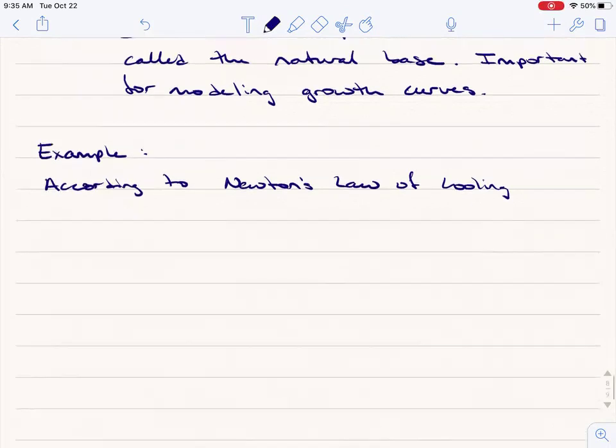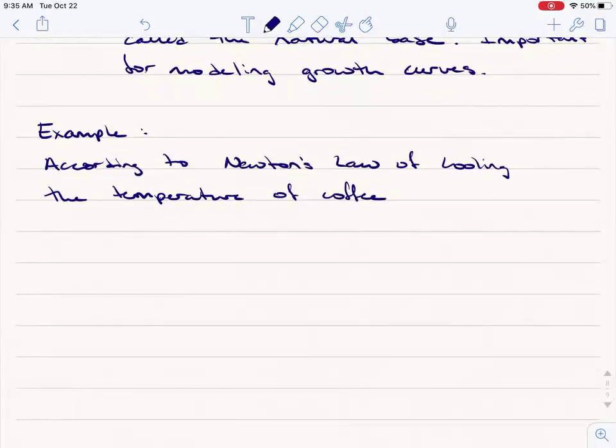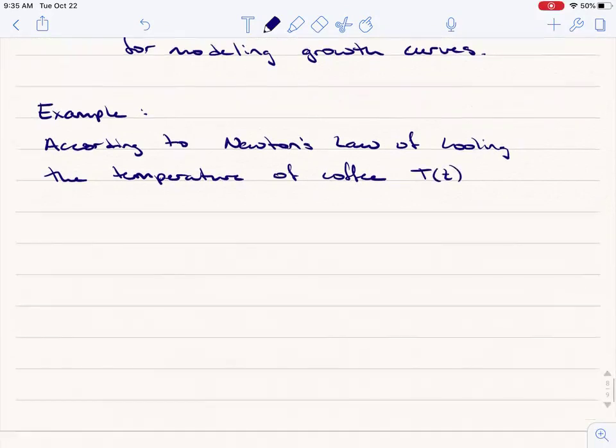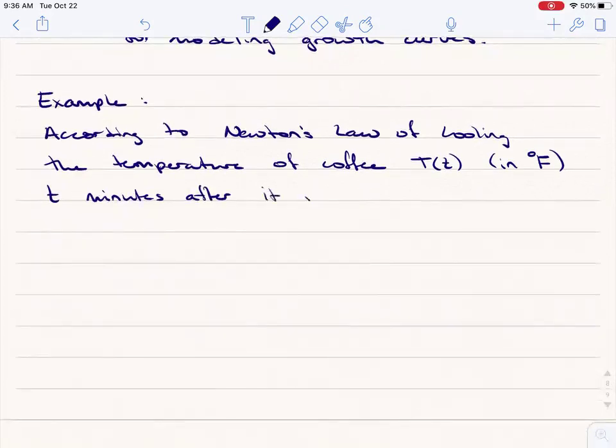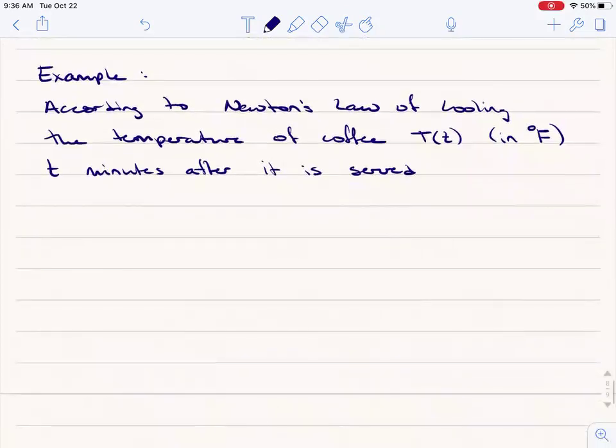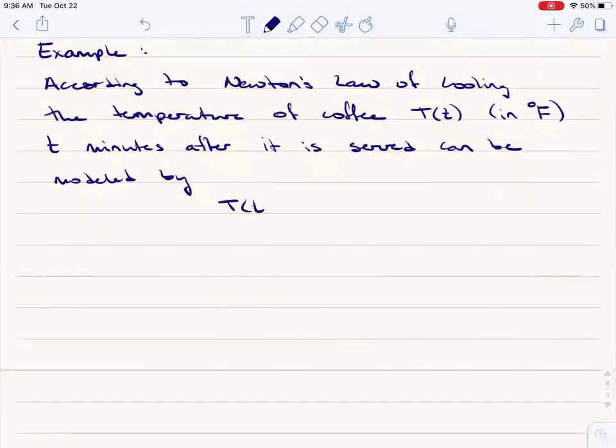The temperature of coffee, denoted by T of t, capital T of t, in degrees Fahrenheit, t minutes after it is served, can be modeled by T of t equals 70 plus 90 e to the negative 0.1 t. An exponential function with a natural base e.